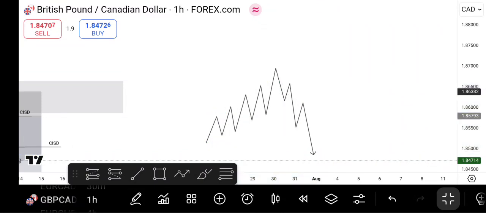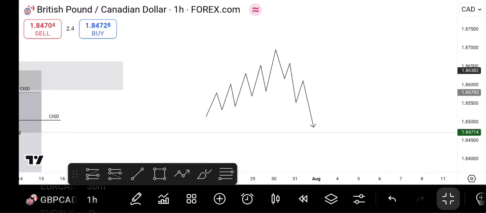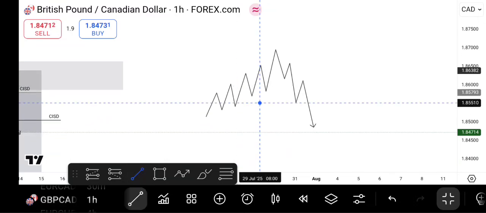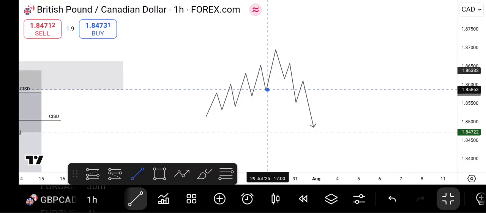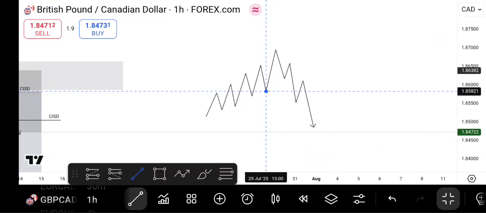So this place here will be our market structure shift.